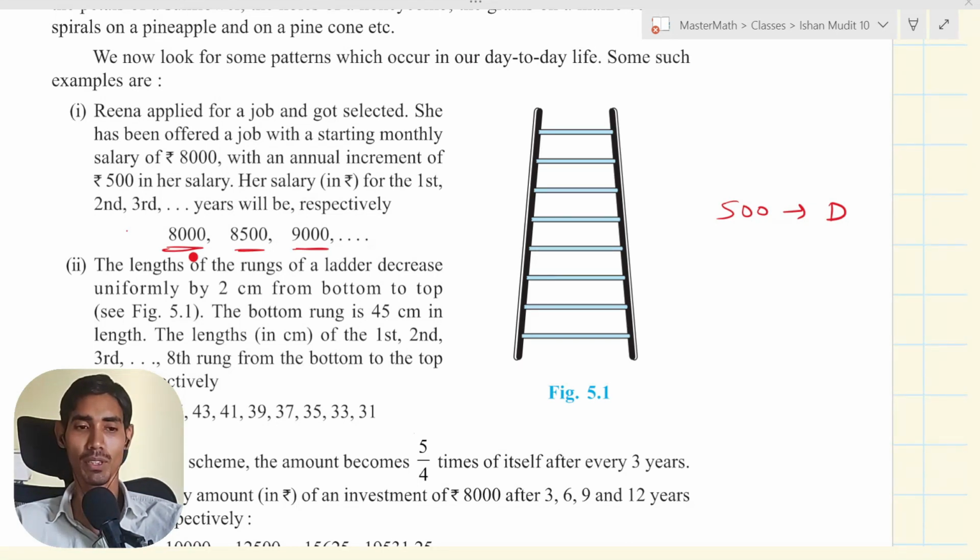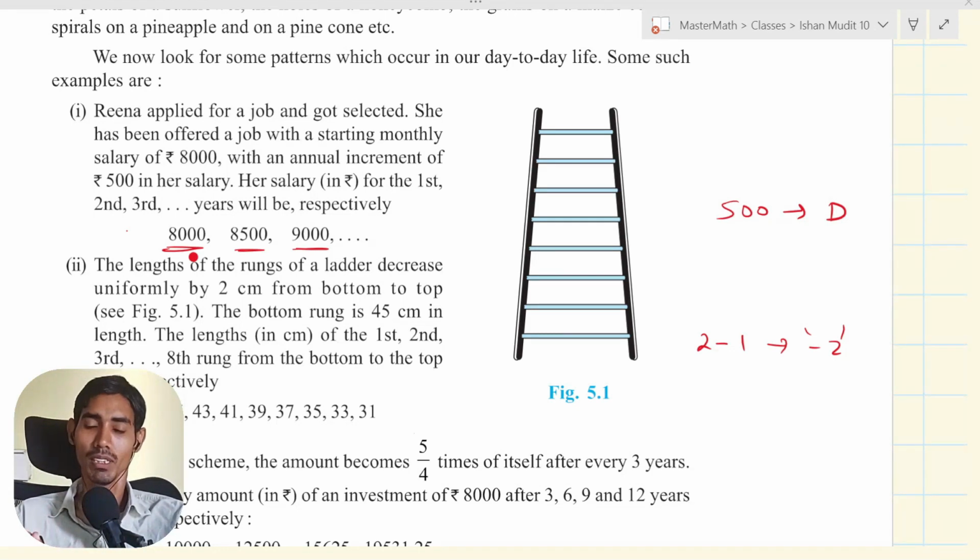Likewise, for the second one, the gap between consecutive numbers is -2. I mean, we have to do second term minus first term, so it is -2. That's the difference we have. So this is arithmetic progression. Arithmetic means simple addition or subtraction. That's what arithmetic deals with.